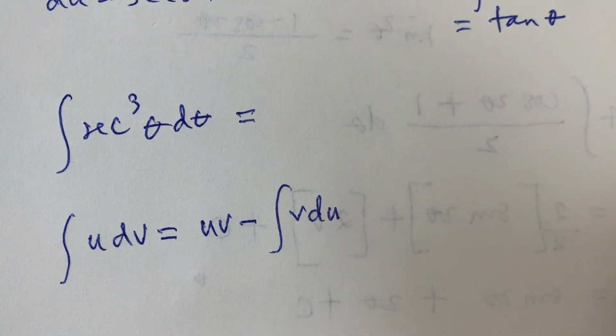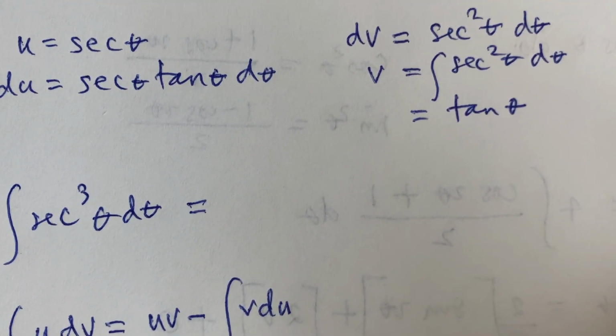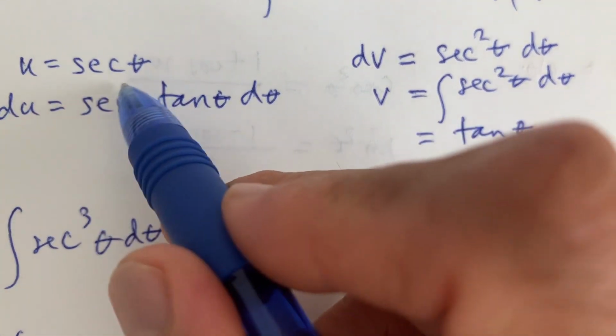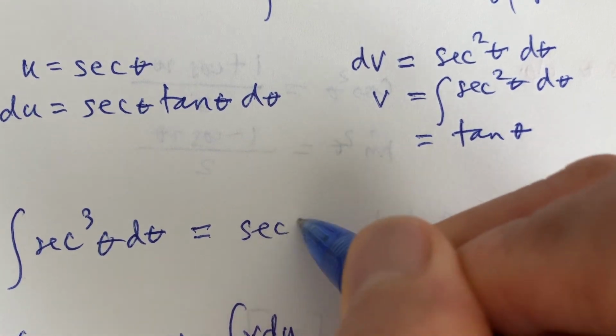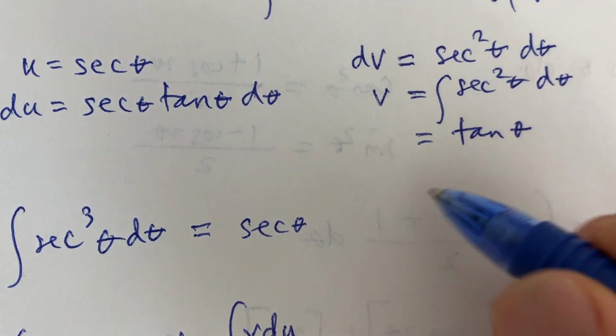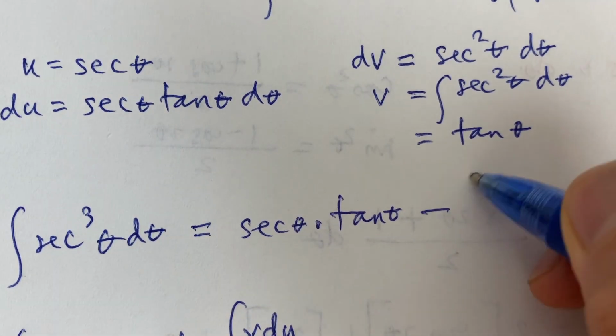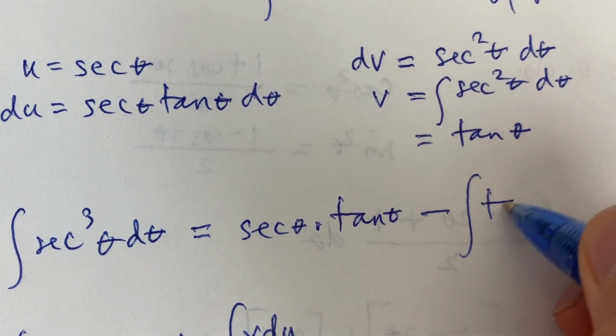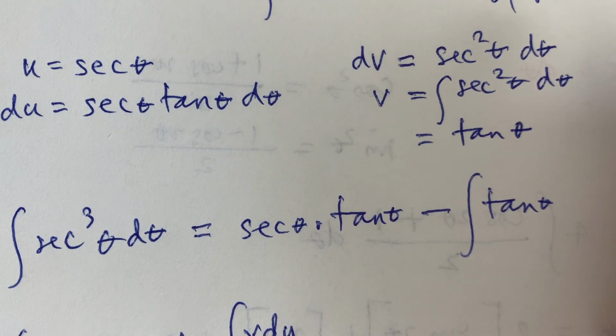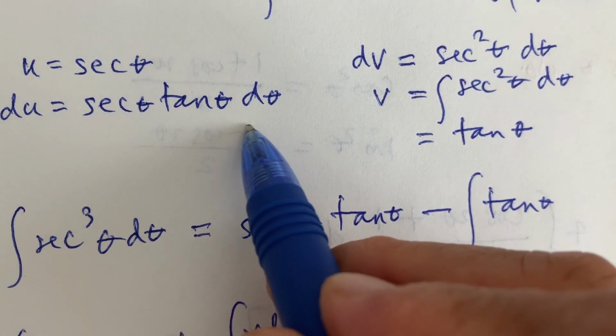So, what is our u here? Our u is secant theta, right there. Our v is tangent theta, minus the integral of v, which is tangent theta, and our du is secant theta tangent theta.